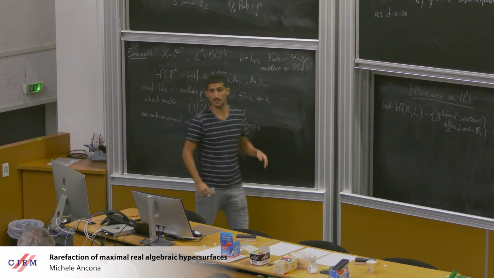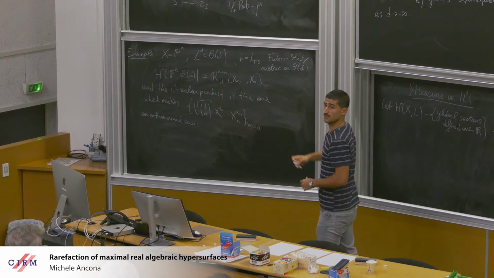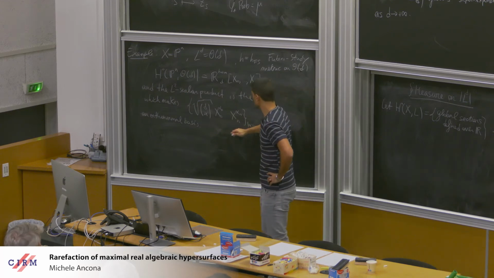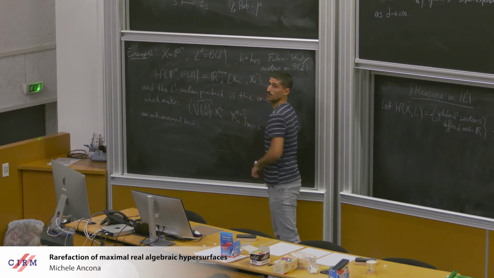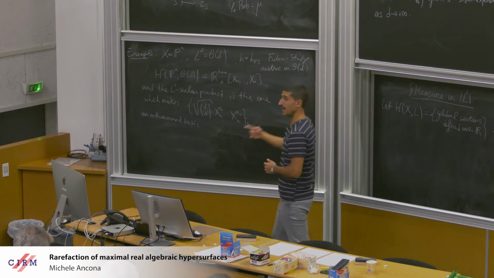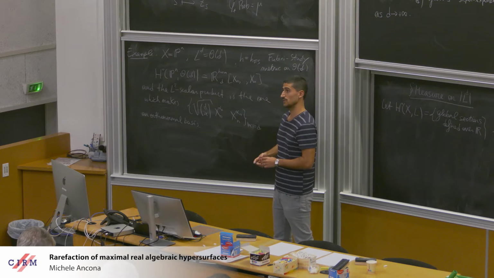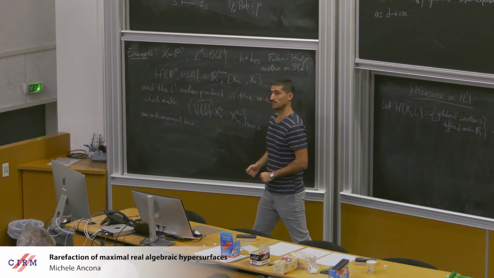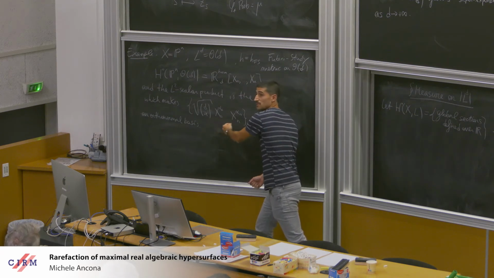And this is actually the only scalar product such that the standard monomials are orthogonal to each other, and which is invariant by the action of the orthogonal group in dimension n+1, which acts on the n+1 variables.